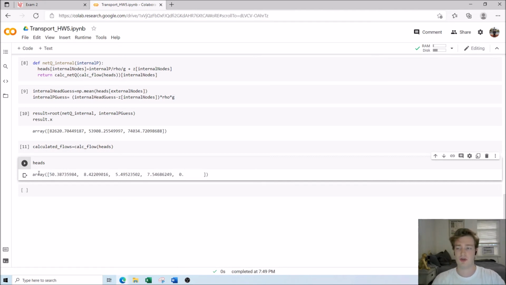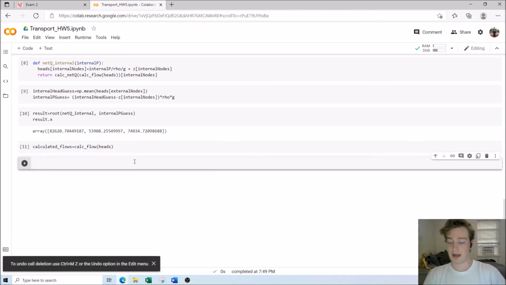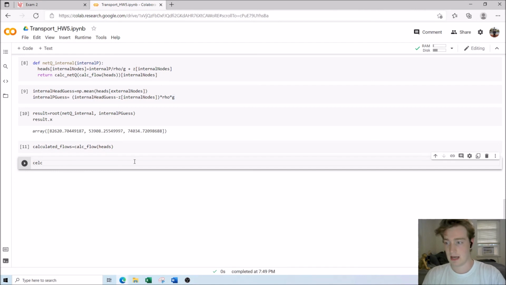Because we knew those pressures, but we didn't know the pressures for the internal nodes. Now that we do, after going through that numerical solver, we can finally calculate the flows, or the heads, for those internal nodes, because we now know the pressure. So let's get rid of that here. And let's look at our calculated flows. Calculated flows. What does this look like?